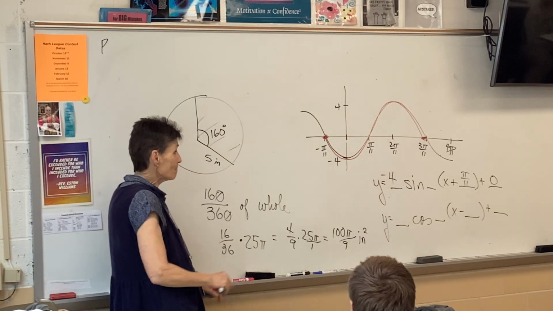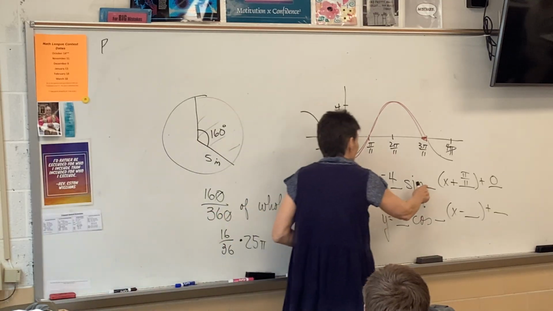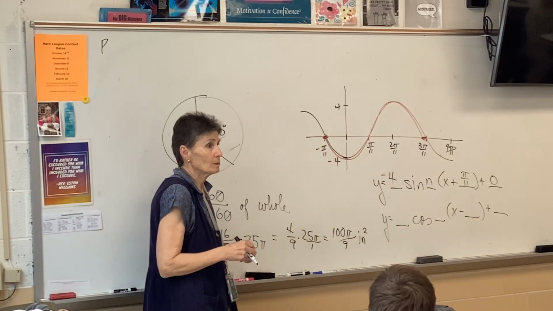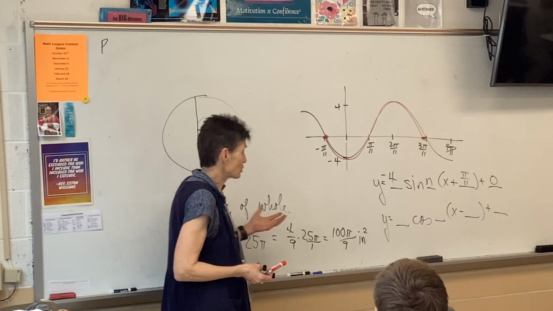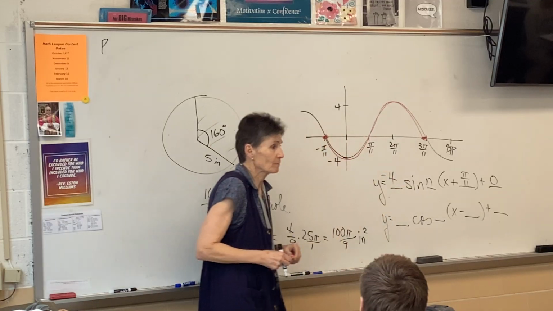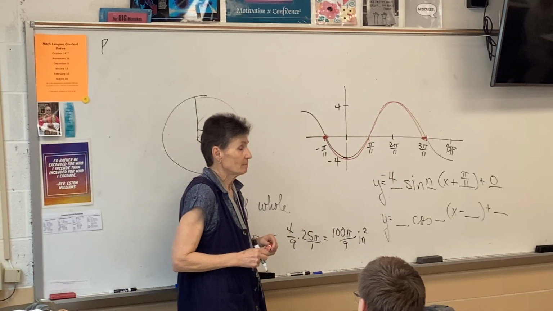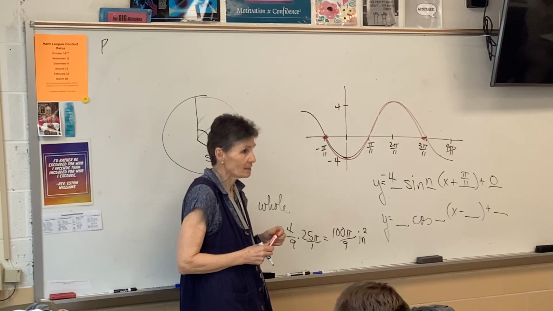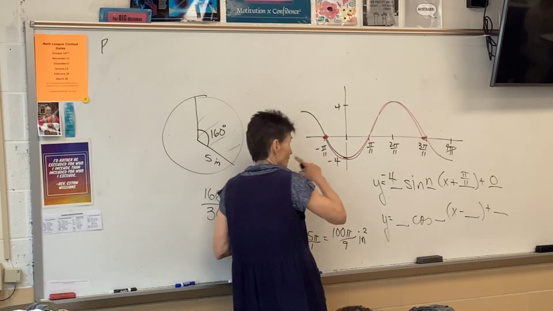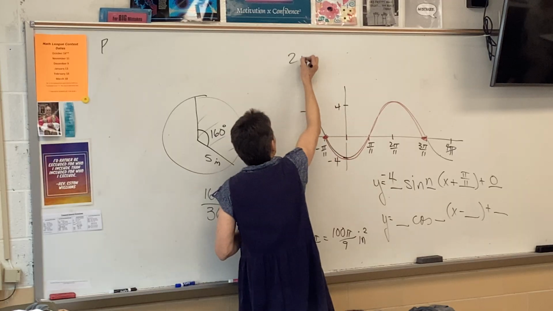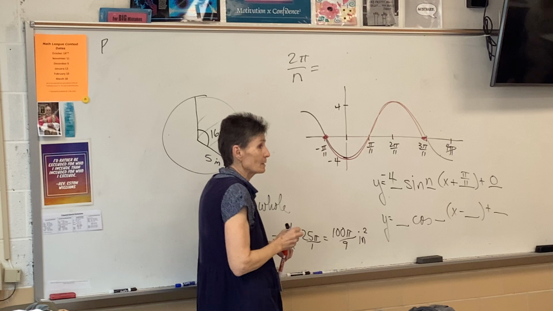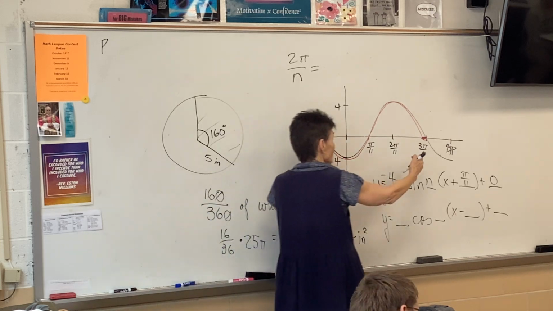Now, the only thing I'm missing is this number. I'll call it n temporarily. What does that number do? In the equation, what does that number right there do? Divides the period. The period of a sine curve is supposed to be 2 pi. Clearly, this is not 2 pi. But 2 pi divided by that number gives me my actual period.